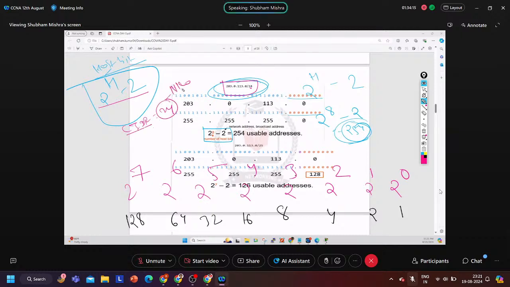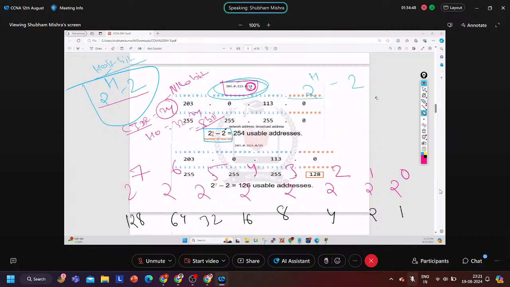So 24 is the network bit. Then what will be the host? 32 minus 24. How much? 8. Either you can think like this, depending on you. Are you clear, everyone? It means if you got the CIDR value /24 here, how many valid IP addresses are you getting? 254.